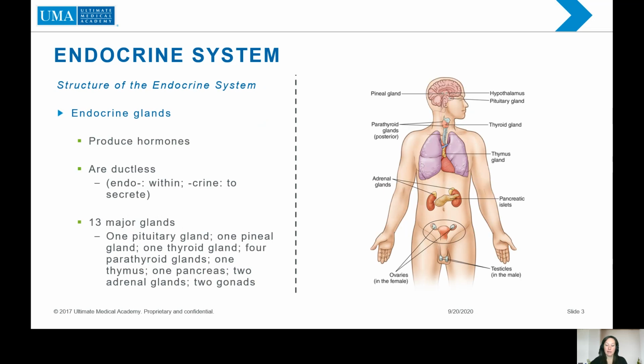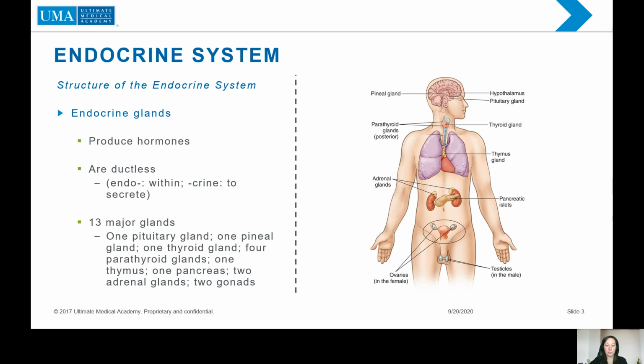So here's a diagram of the endocrine system and all the parts of it. We'll start off with our glands. The endocrine glands are going to produce hormones, and they are ductless. Endo is within, and crine is to secrete.